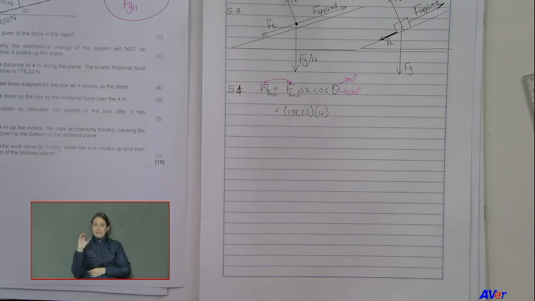Just 0 or 180. So now, if I go and use my hands, the block is going up, but friction is going down. My hands are on the opposite side, so that means it's going to be cos 180. When I can put my hands together like this, it is cos 0. But otherwise, it's cos 180.